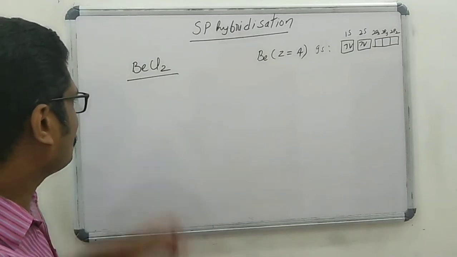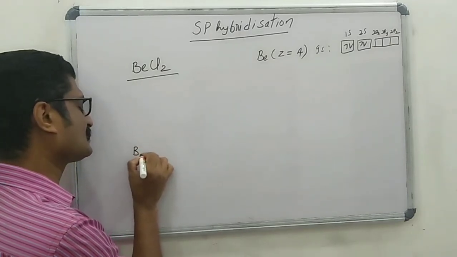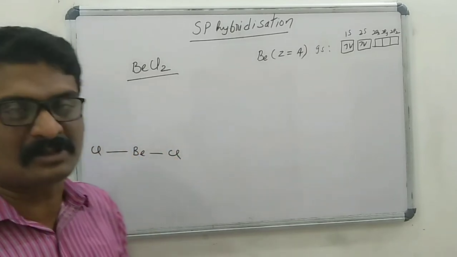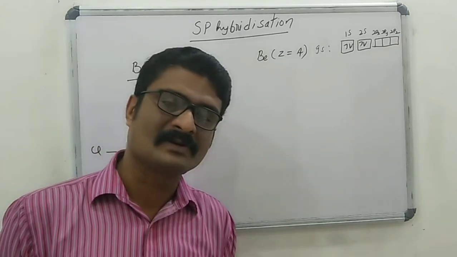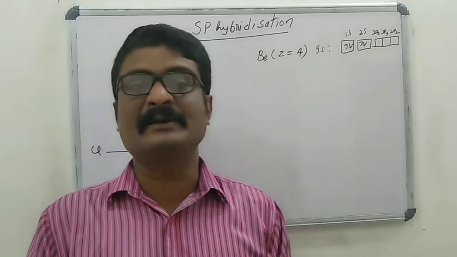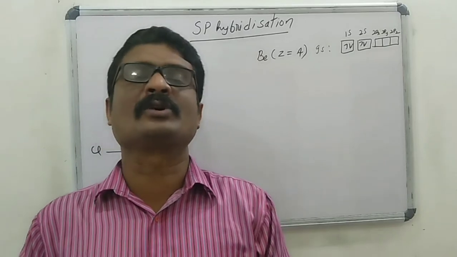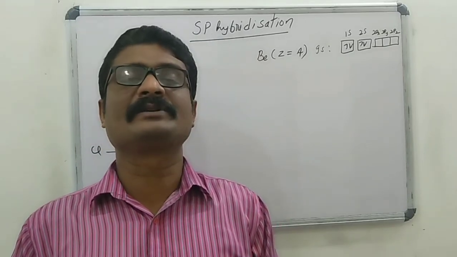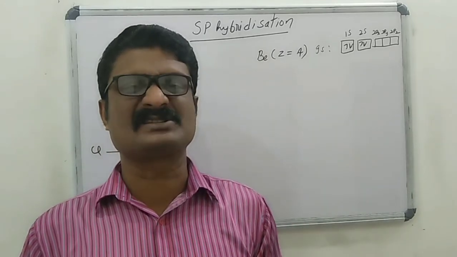But in BeCl2, beryllium forms two bonds with chlorine. Beryllium combines with two chlorine atoms. In order to combine the beryllium atom with two chlorine atoms, two half-filled atomic orbitals are required, but here the number of half-filled orbitals is 0.